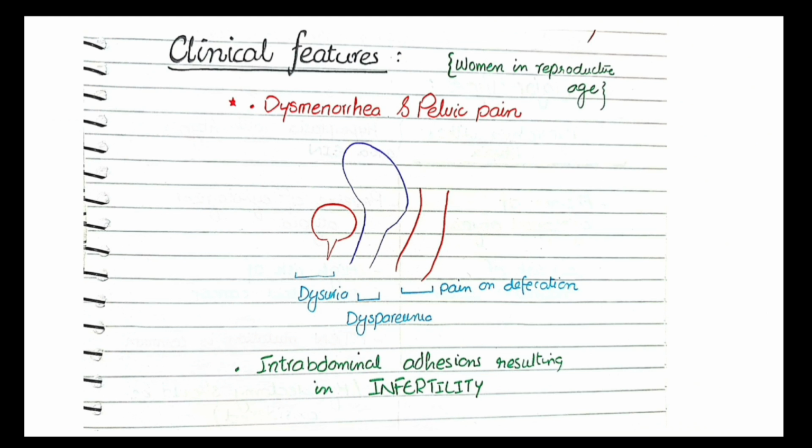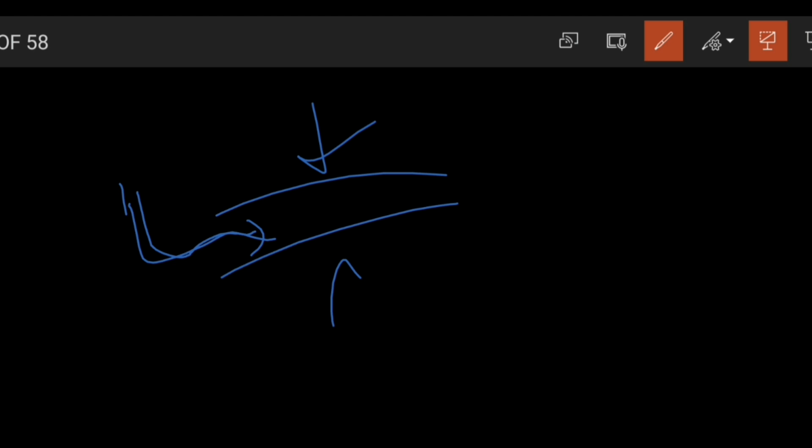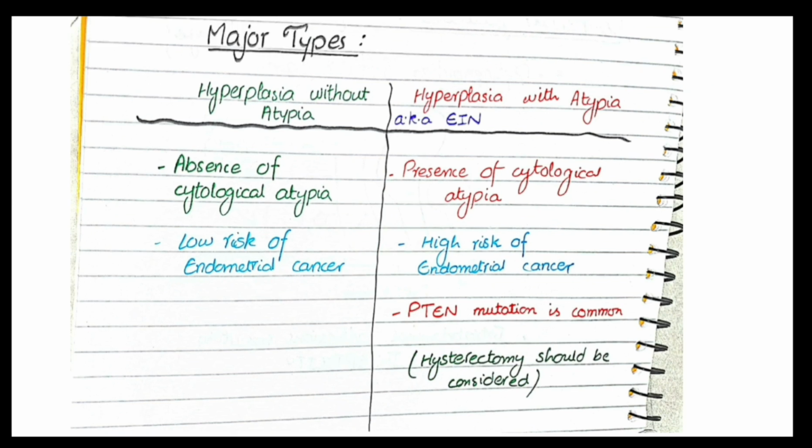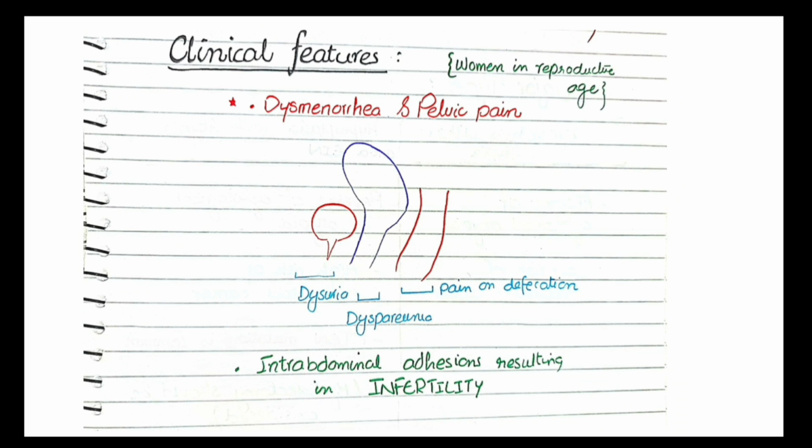You can imagine that if the fallopian tubes are being compressed from outside by hard fibrotic tissue, then the process of transport and implantation of egg or zygote is not fully there. So this can cause problems with fertility. So keep in mind that intra-abdominal adhesions can result in infertility. So you can see dysmenorrhea and pelvic pain, and you can see infertility.